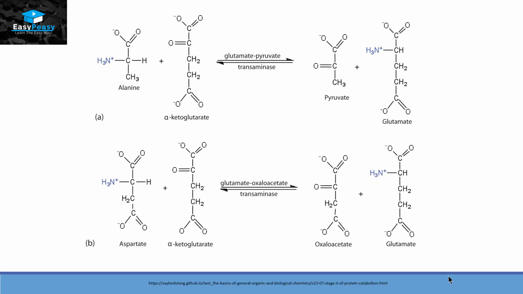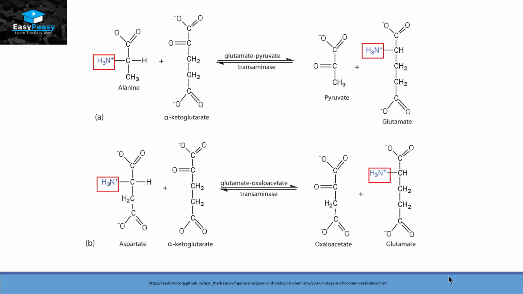Now if we look at this structure, the alanine amino group is shifting to alpha ketoglutarate, making it glutamate. Similarly, another amino acid, aspartate, also removes its amino group and gives it to alpha ketoglutarate, making it glutamate, and changing aspartate into oxaloacetate.